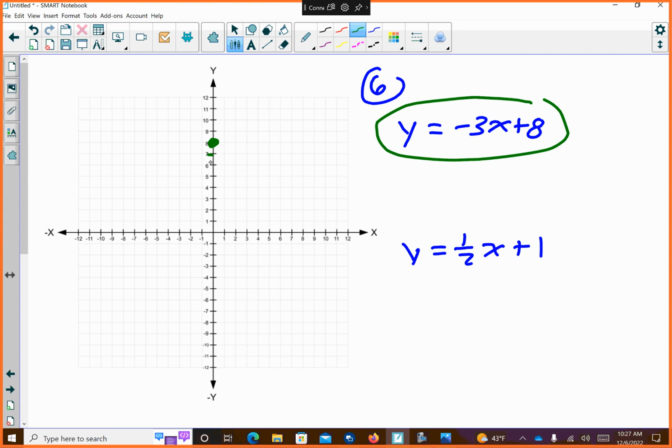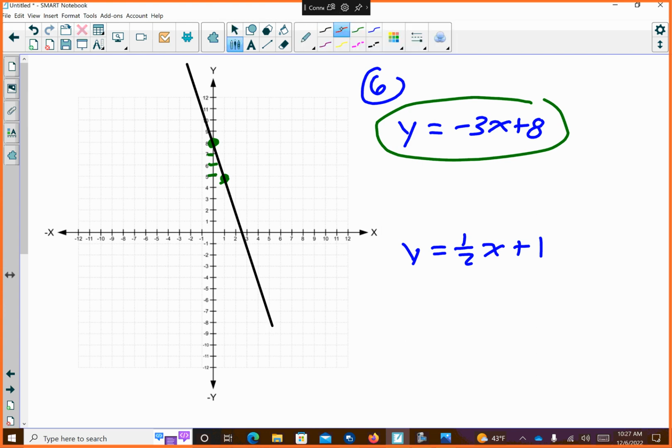Yeah, so I'm going to go down 3, right 1. Doing the best I can with my straight edge. See if I can make that better. All right, that seems like a pretty good straight line.